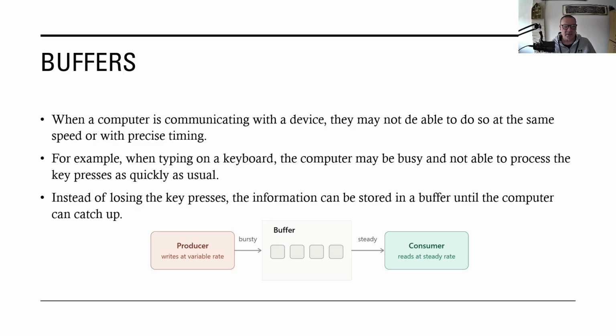And the buffer acts as an intermediary so that there is always, ideally, a regular supply of data for the consumer to be reading. No matter what the producer is doing, there should be some data in the buffer that the consumer can read from.